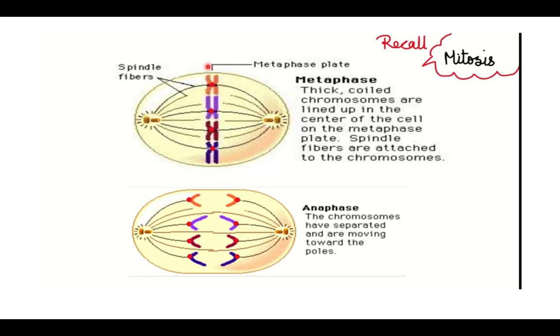They are getting arranged in a metaphase plate. When they get attached, you can notice the spindle fibers. These lines are spindle fibers. So these spindle fibers are getting attached to the middle part. What is that I told you?